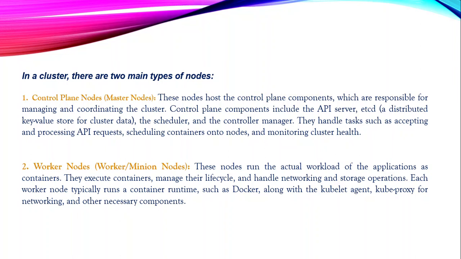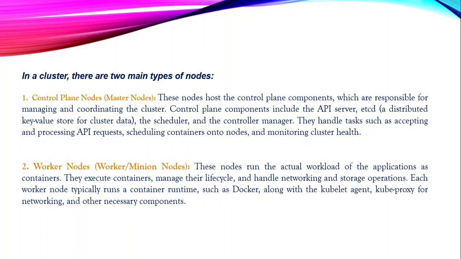We have another type of node called the worker node. This worker node runs the actual workload, which is the application that will be running in your cluster. They execute containers, manage their life cycles, and handle networking and storage operations. Each worker node in your Kubernetes cluster has a container runtime such as Docker, and in the same node you have a kubelet, because a kubelet needs to be present in all the worker nodes.